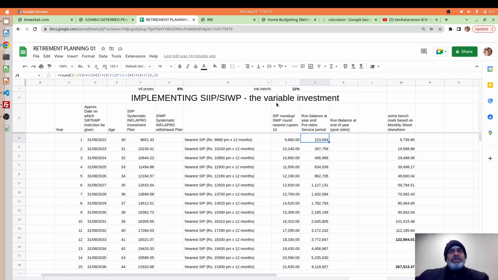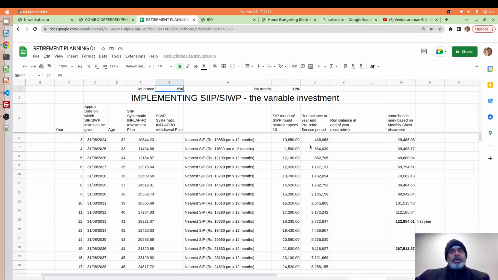See, interest is 11%. I have taken the column $I$1. Inflation protection I have taken as 6%. So this is for the calculation.